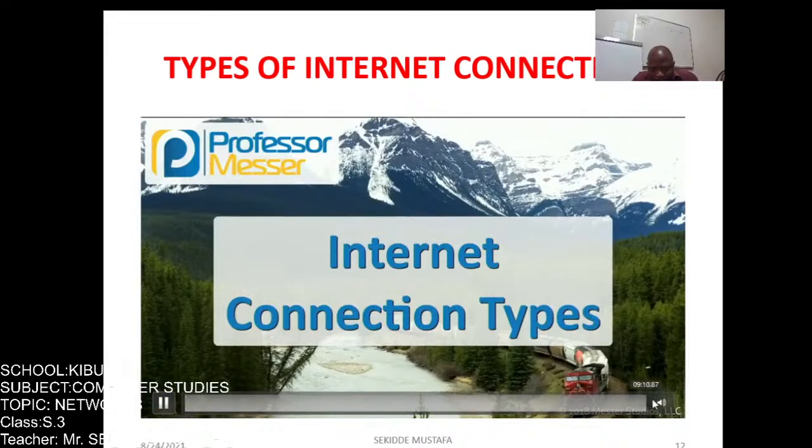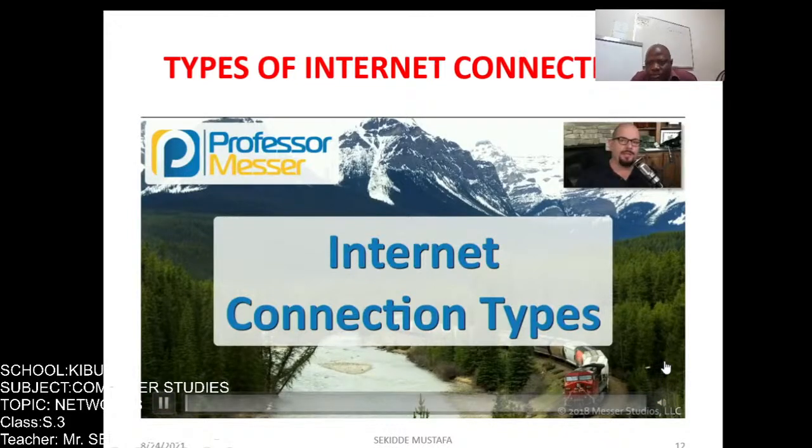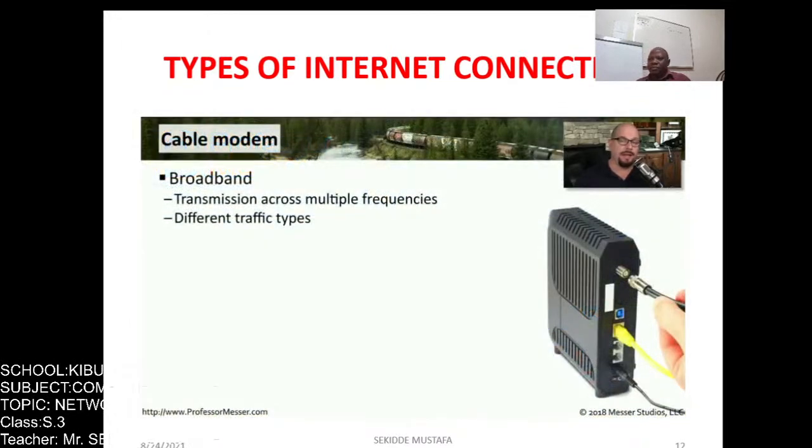So let us start. There are many different ways to connect your home and your business to the internet, and in this video we'll look at a number of these internet connection types. A very common internet connection type in the home is a cable modem. We sometimes refer to this as broadband communication because we are sending information over many different frequencies on the same wire.